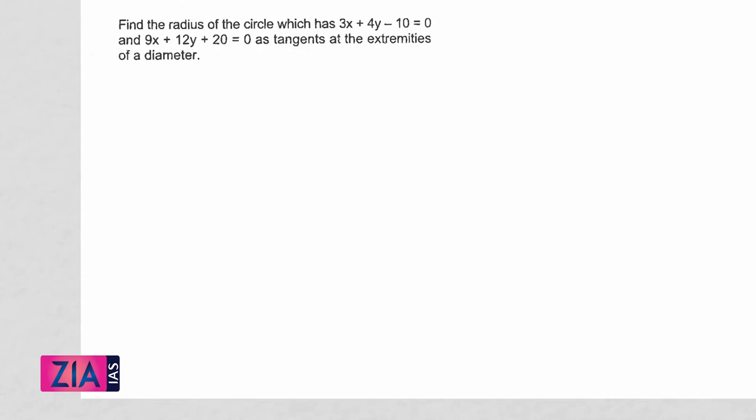So I hope you understood the question. We have already discussed this type. You need to find the radius of the circle, which has this line and this line as tangents.